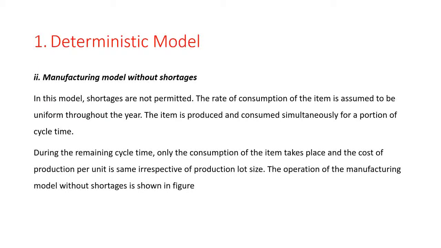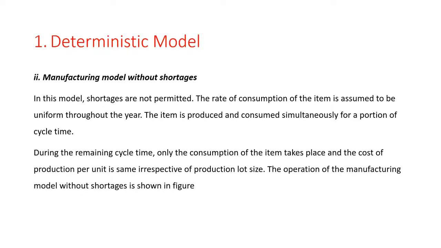In this model the shortages are not permitted. So here, the manufacturing model without shortage. The rate of consumption of the item is assumed to be uniform throughout the year.